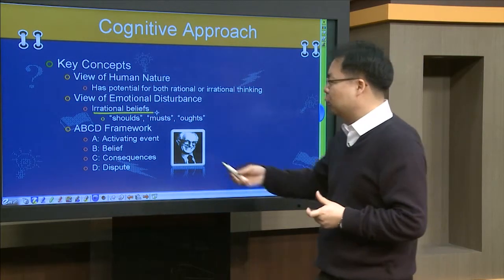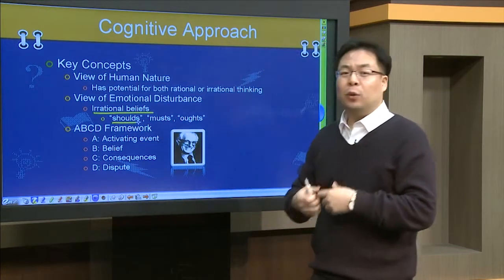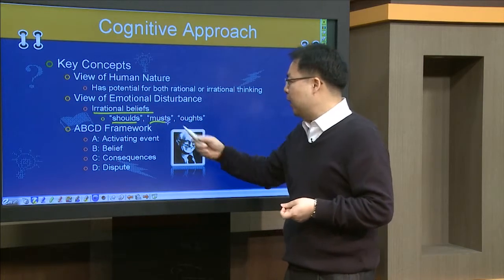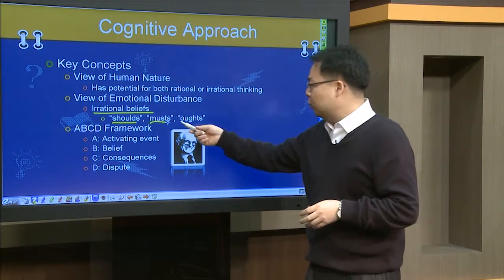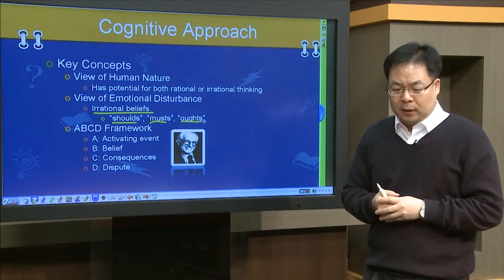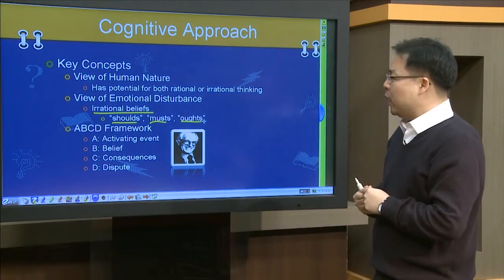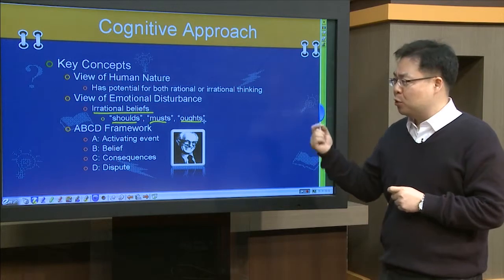For example, we should go there. I must get grade A in this course. I ought to do this. That type of belief is called irrational belief in this perspective.